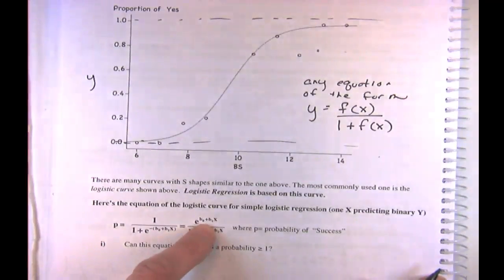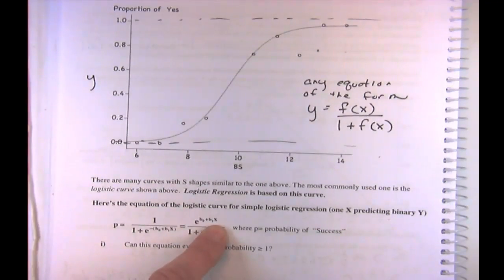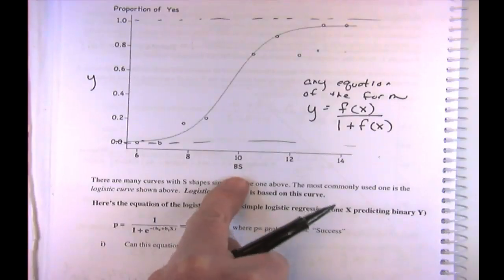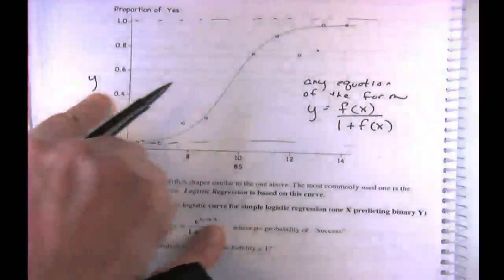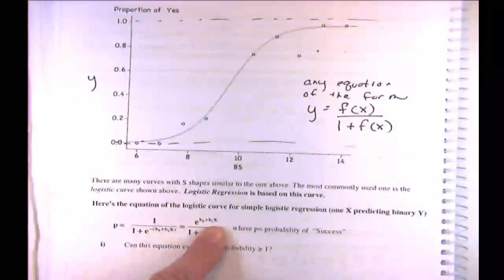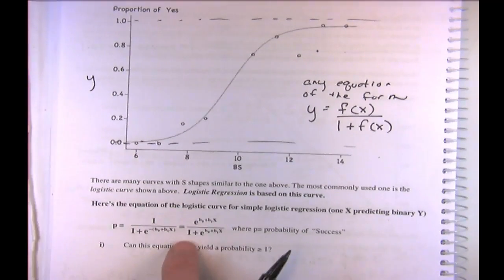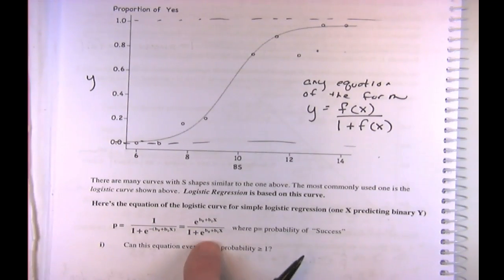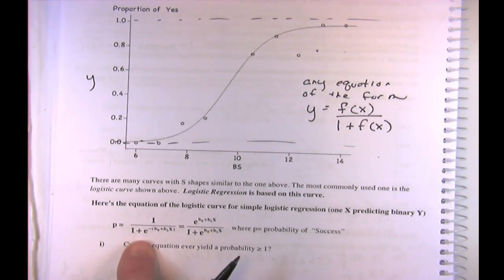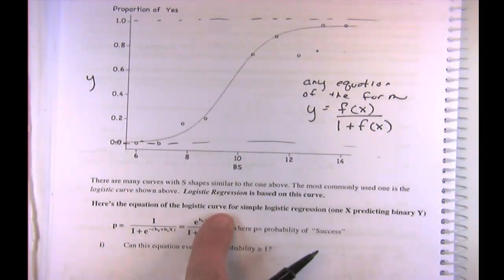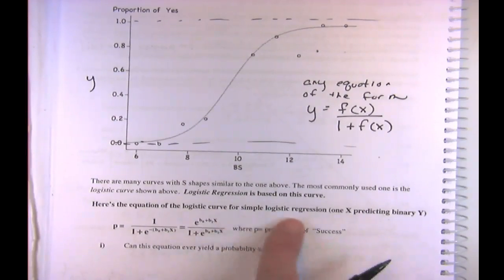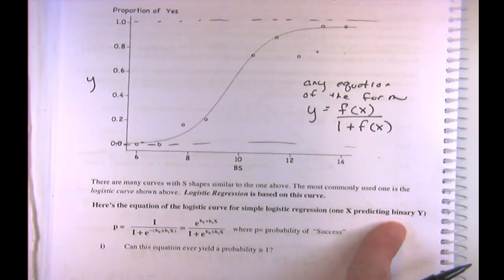Here's the f of x we use for the logistic: e to the beta naught plus beta 1 x, for one quantitative predictor variable predicting a binary y, over 1 plus that. Another way to write that you'll often see is this way. So here's the equation of the logistic curve for simple logistic regression, with x predicting a binary y.